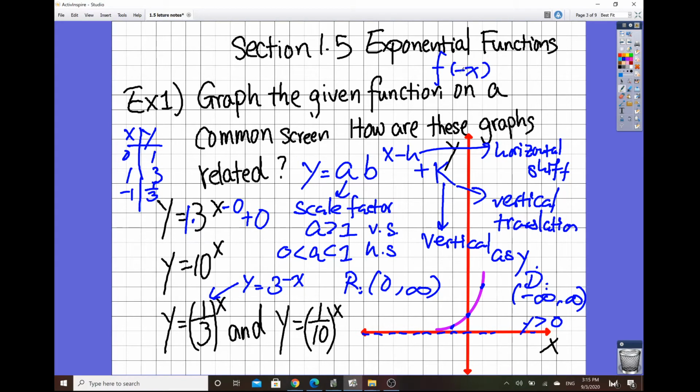Anytime you see a negative sign right next to the independent variable, it's always a reflection over the y-axis. And if you see a negative outside the whole function, that means a reflection over the x-axis.